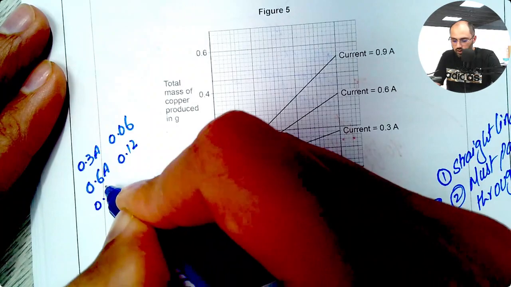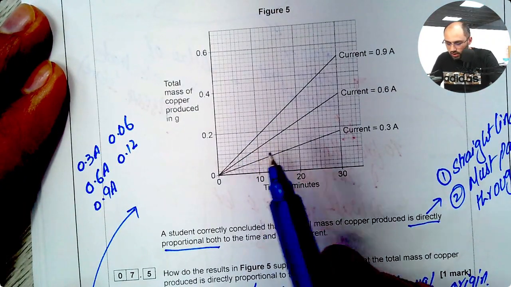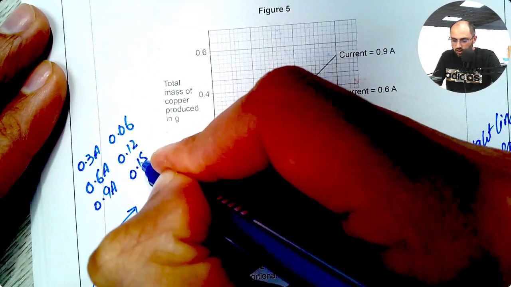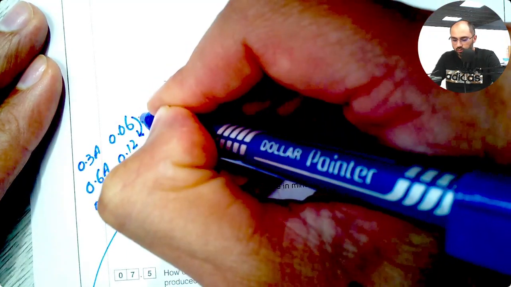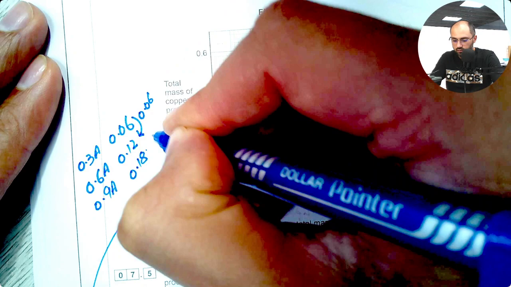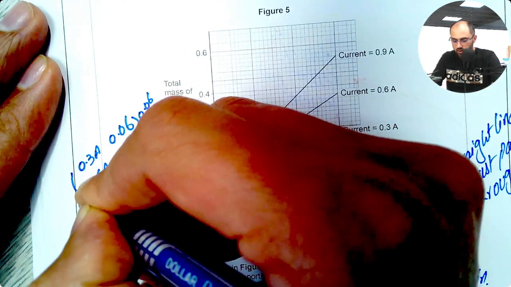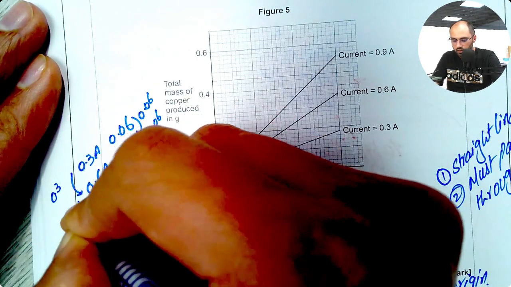When it is 0.9 amps, the total mass produced is about 0.18. So you can see from here to here, the jump is 0.06. From here to here, it is 0.06. Same thing on the left side, it is 0.3, and here it is 0.3.